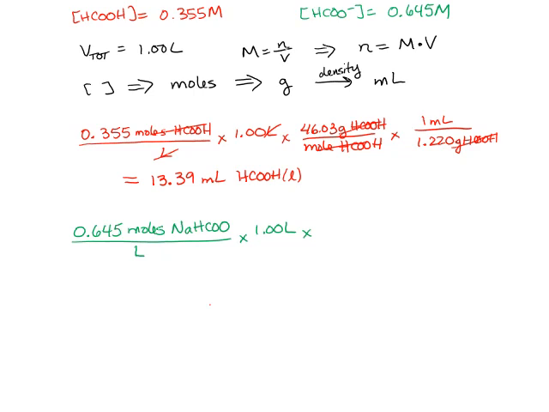The molar mass of sodium formate is 68.01 grams per mole. Notice that we're using the molar mass of the whole sodium formate, including the sodium. We can't go to the shelf and just grab the formate. Formate comes as a solid salt that has the sodium counterion. So we need to include that mass in our molar mass.